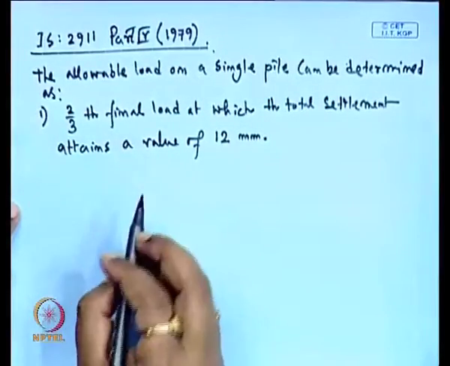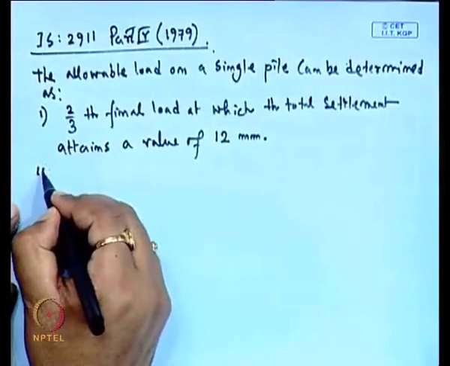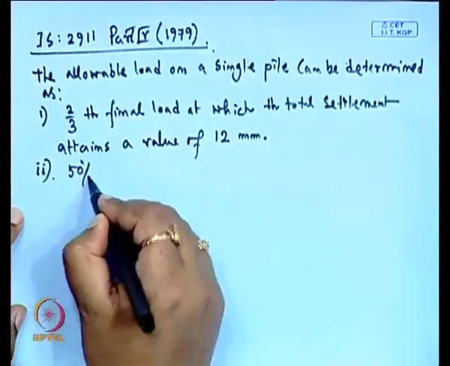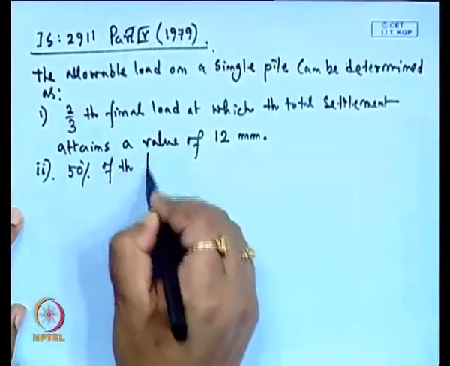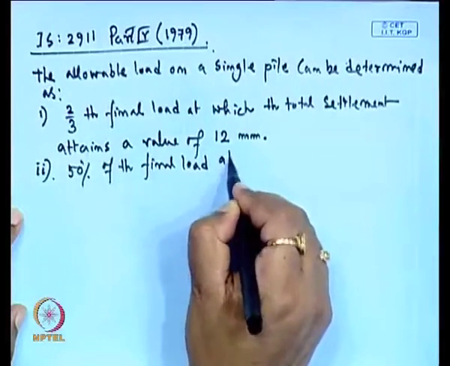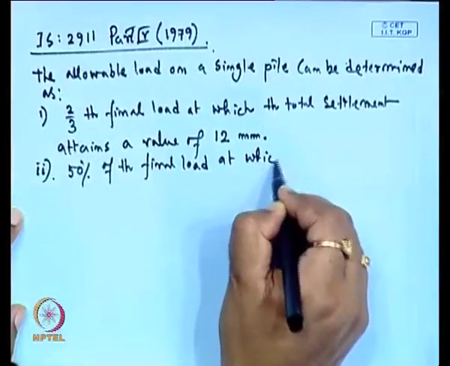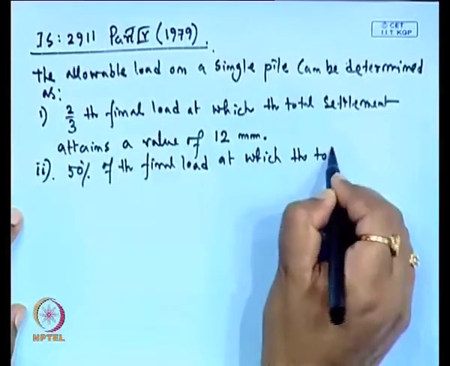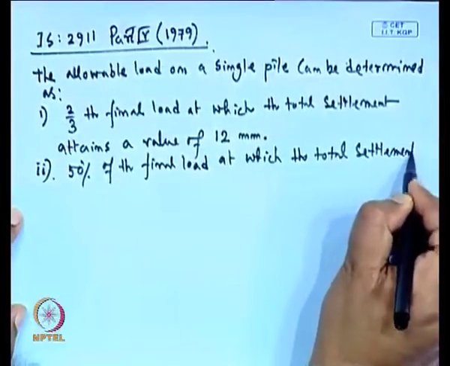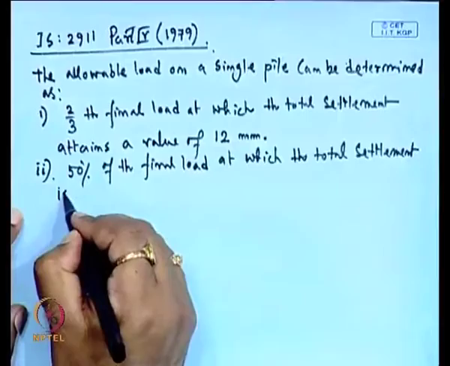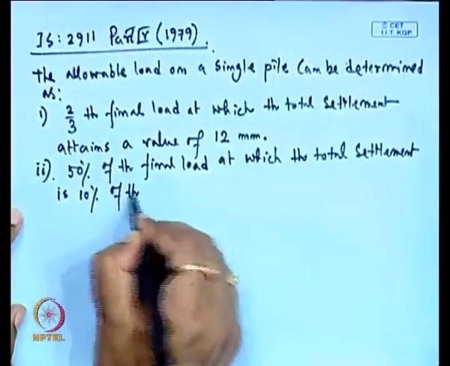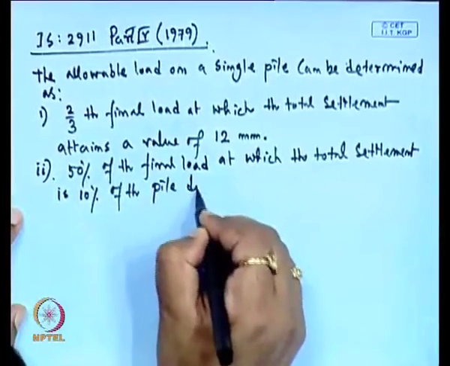Now, in the second case, 50% of the final load at which the total settlement is 10% of the pile diameter.